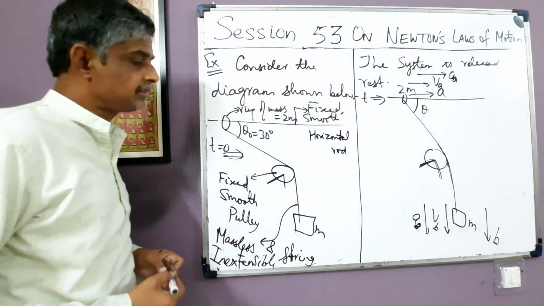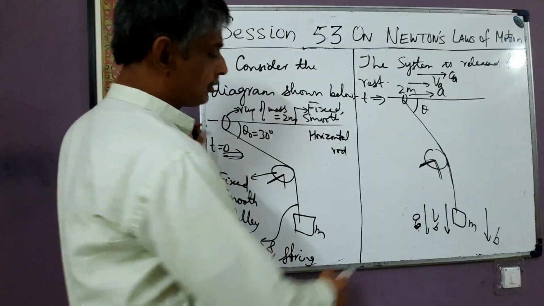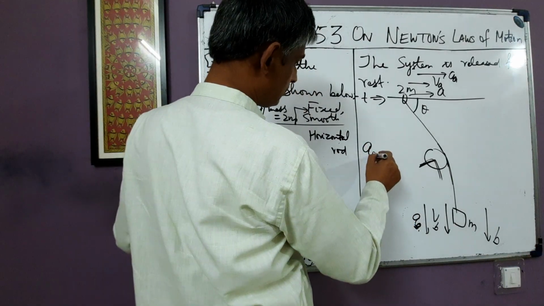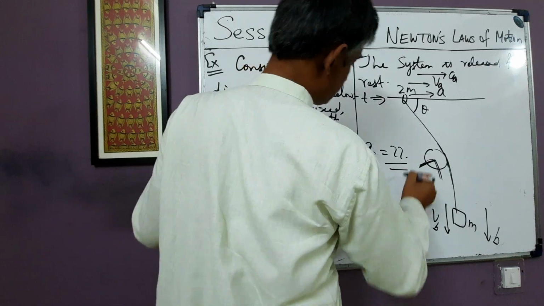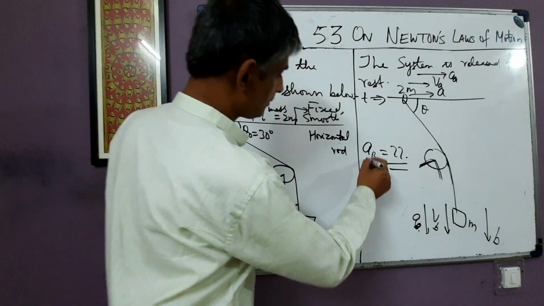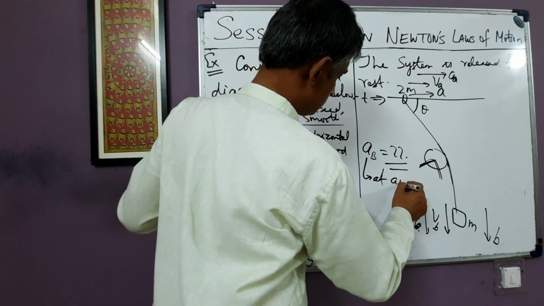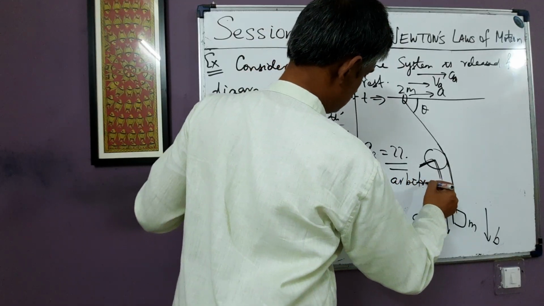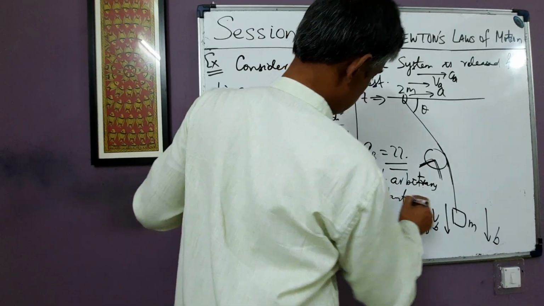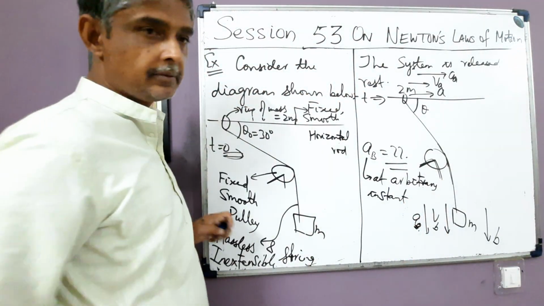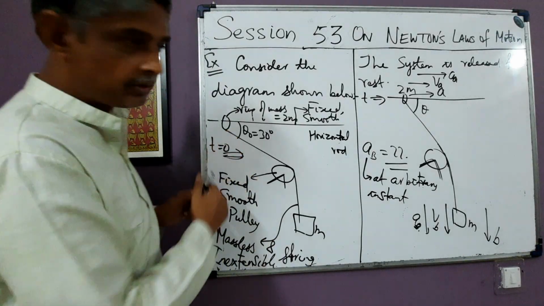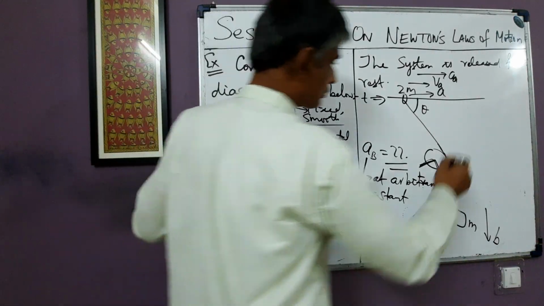Now we have to find the relationship. a_b has to be determined at an arbitrary instant, and also the initial value of a_b when the system is released from rest.